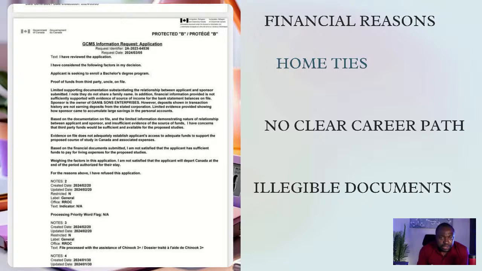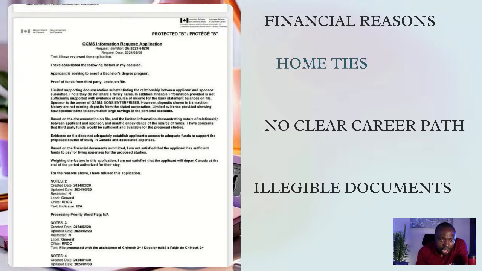Now, for this particular student, the consular officer said, limited supporting documentation substantiating the relationship between applicant and sponsor submitted. I noted that they do not share a family name. In addition, family information provided is not sufficiently supported with evidence of source of income from the bank statement balance on file.